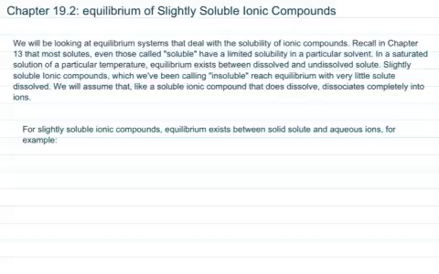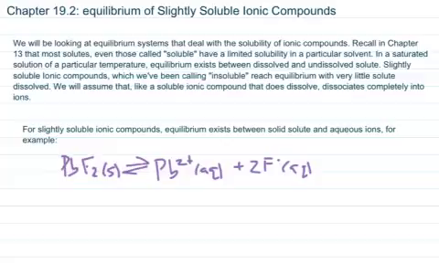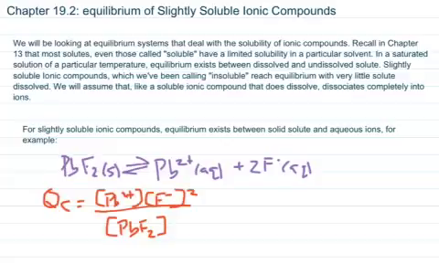So let's take a look at an example. We have lead(II) fluoride, solid, goes to lead aqueous ion plus 2 fluoride ions. Now let's write the reaction quotient for this. So we get the reaction quotient of the ions, which are products, all over lead(II) fluoride.